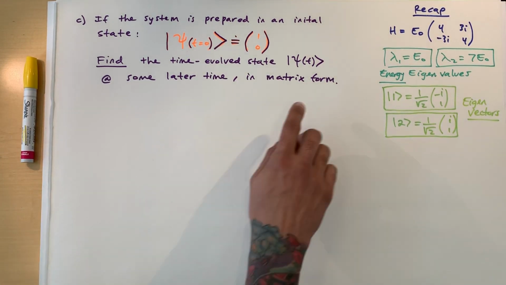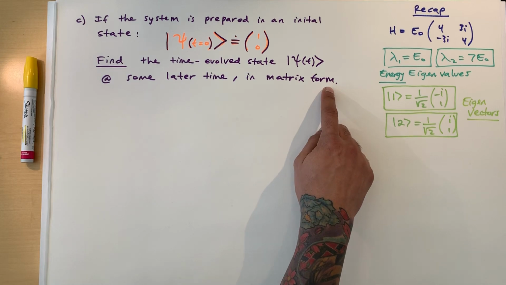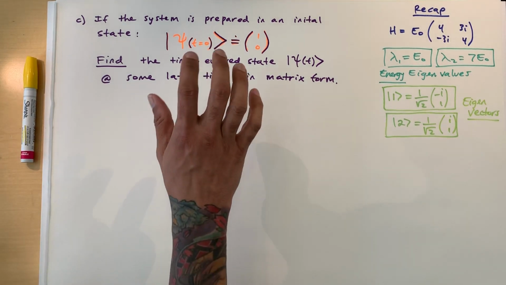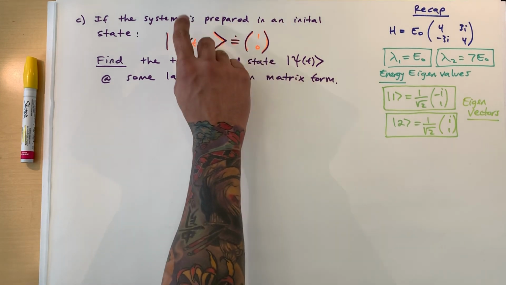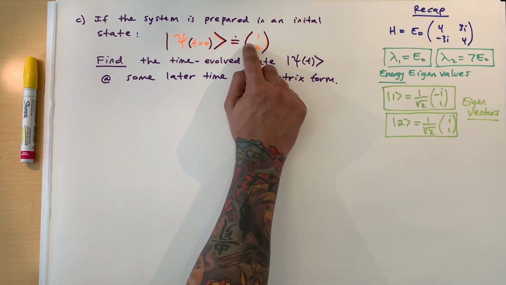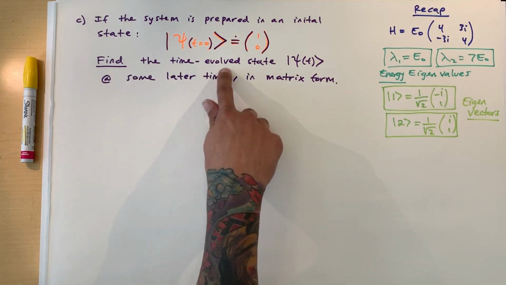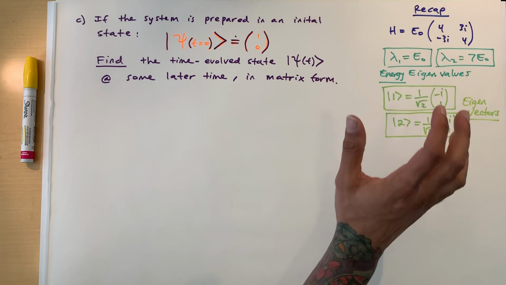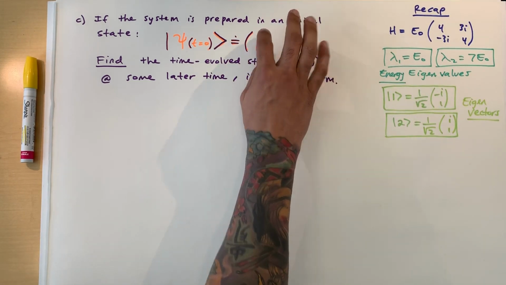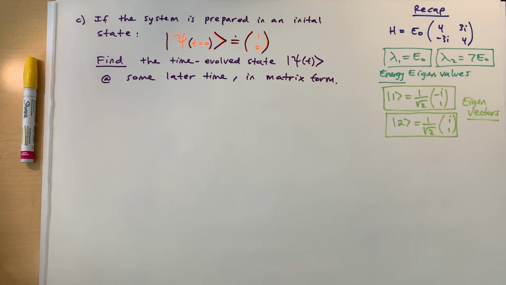This part makes it a little tricky, but not too crazy. To find the time evolved state, we need to manipulate our values to match the initial state and see how it grows over time.